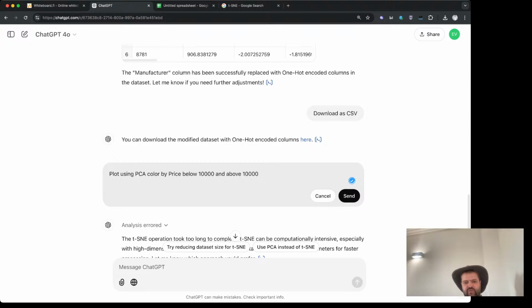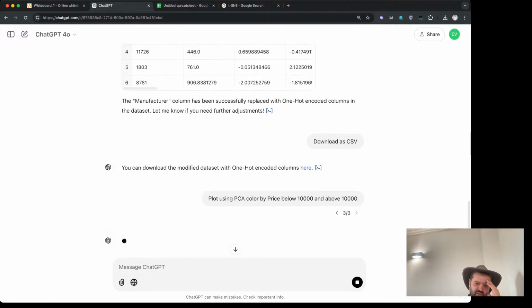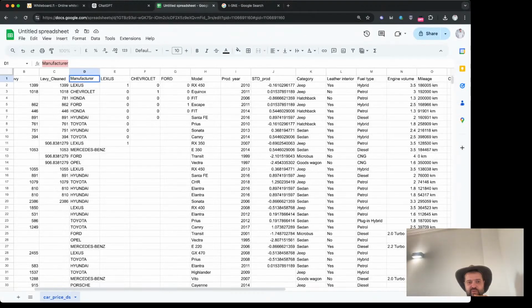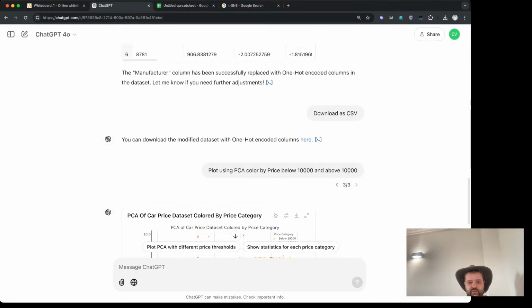We can also ask for a red color or green color, whatever. Hopefully it will work. PCA is actually not that complicated an algorithm, but this is the output you get from this process. Next time I'll give you another tool that you can use, not only ChatGPT. Of course, Excel is also an option, but it is extremely difficult to do this with Excel.